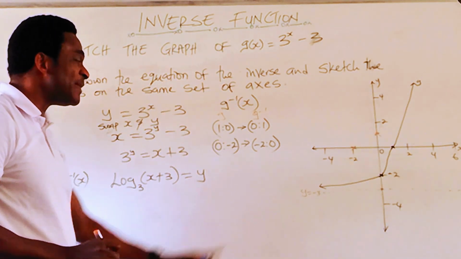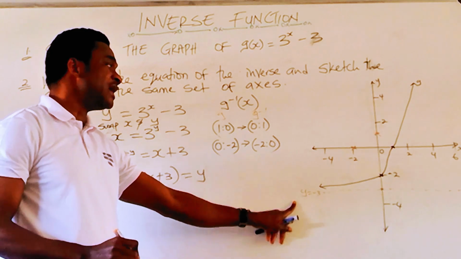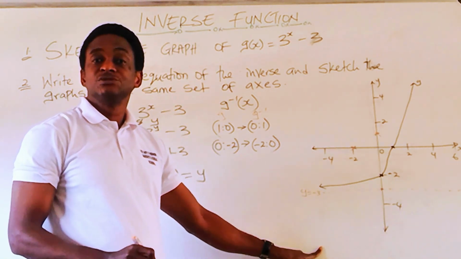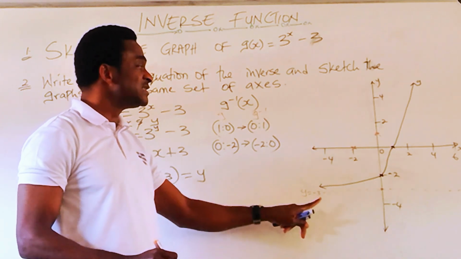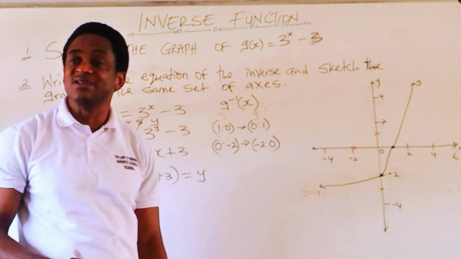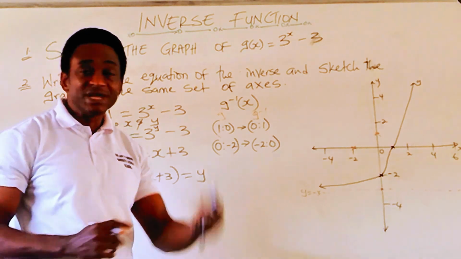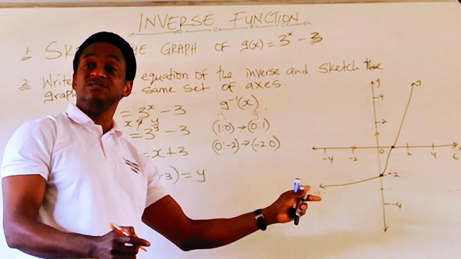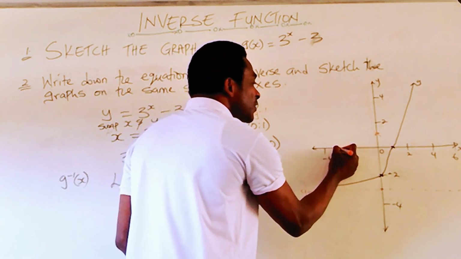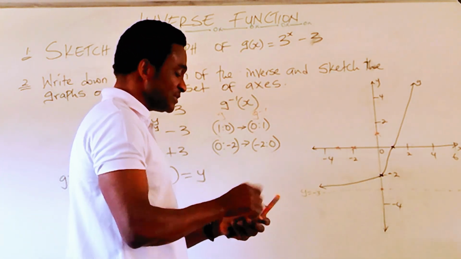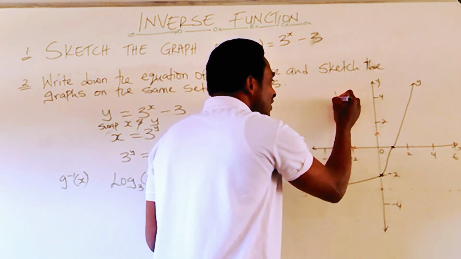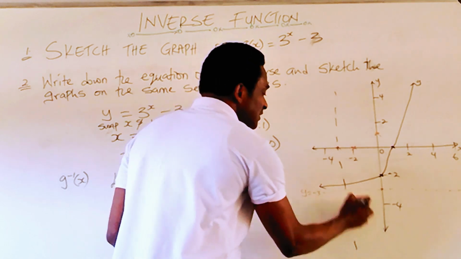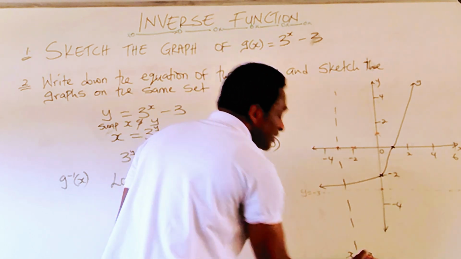What else do I need to swap? I need to swap my asymptote. The asymptote here is at y equals -3. So how do I swap my asymptote? It becomes x equals -3. You see, everything, I'm swapping x and y. The y value here becomes the x value. So I will have my asymptote at x equals -3.